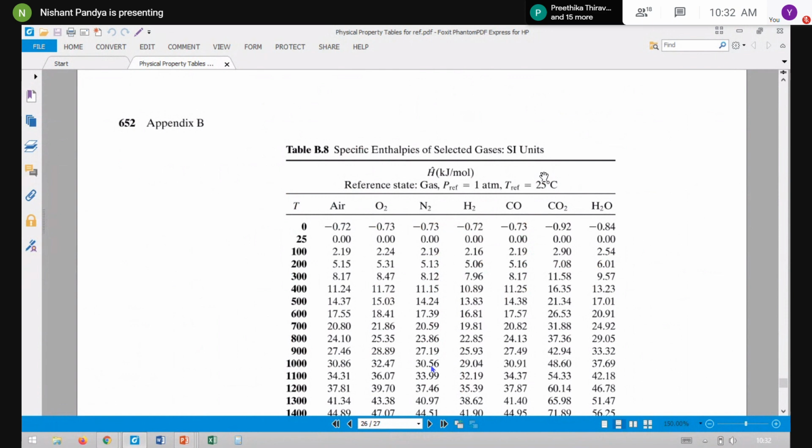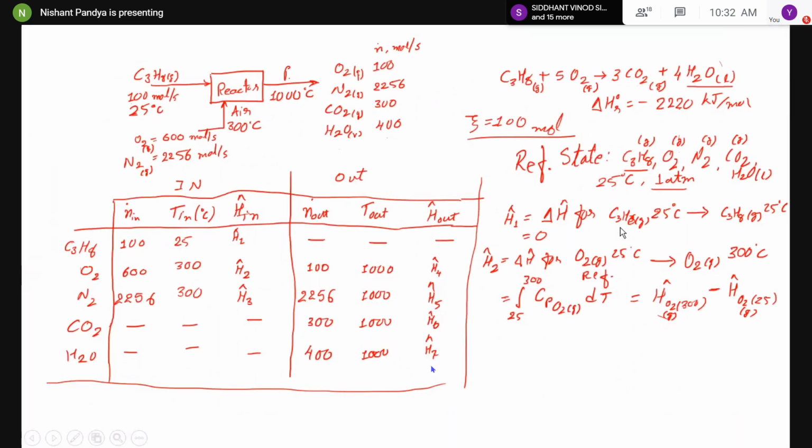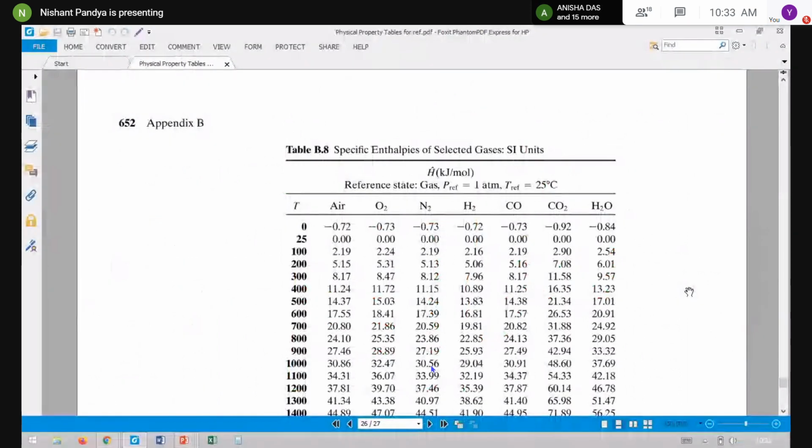This table is prepared based on this temperature, so all enthalpy at 0 is 25 degrees Celsius. You can ignore this every time you are writing this. Our reference is also 25 degrees Celsius, so this is 0. Directly here you can write H2 cap is nothing but the enthalpy of O2, given in that table at 300 degrees Celsius. So this is 8.47.